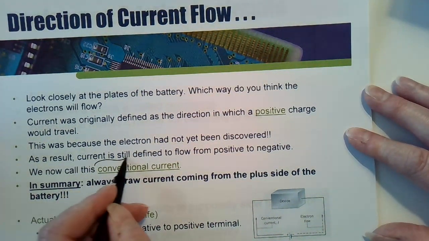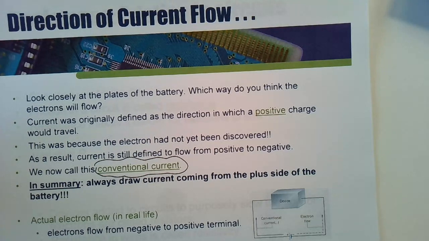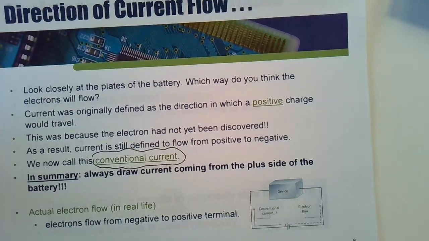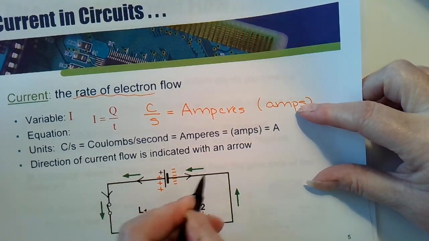And we use the word conventional current. The word conventional means it's conventional. We've always done it that way. And so we still today pretend that the charge is coming out of the positive side of the battery. Because once we discovered electrons and said, oh my gosh, we had that wrong, they really go the other way.